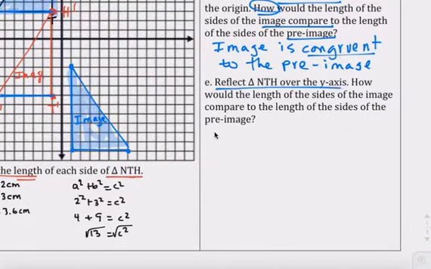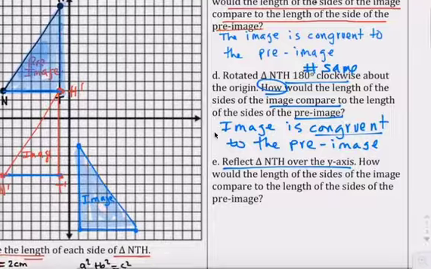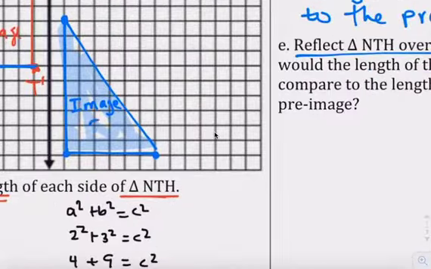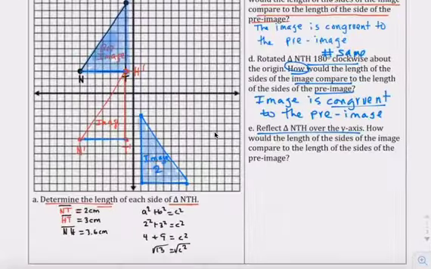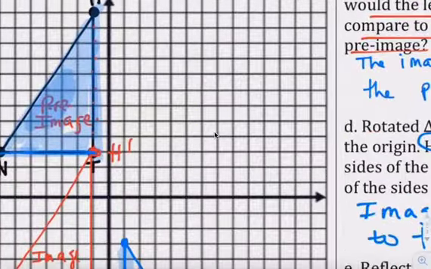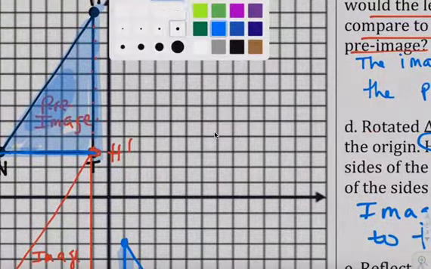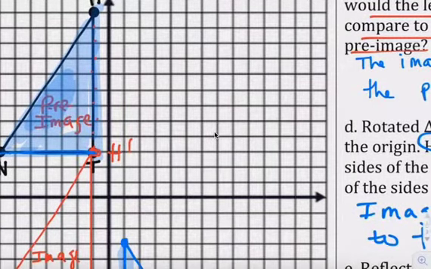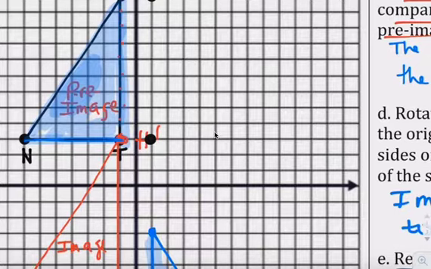Same thing here. Reflect this over the y-axis. Let's put image number 3. So remember, it's like a mirror. Reflect it over right here. That's H. T would be right here.